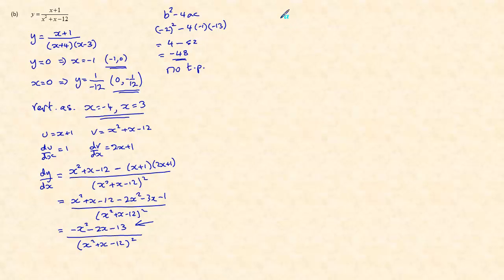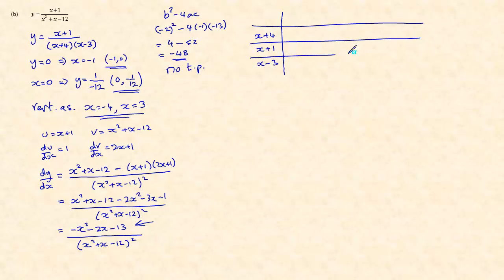Now let's look at regions. So our curve is made up of x plus 4, x plus 1, and x minus 3. This one changes sign at negative 4, so we'll look at x is less than negative 4. This one changes sign at negative 1, so we'll say x is more than negative 4 and less than negative 1.